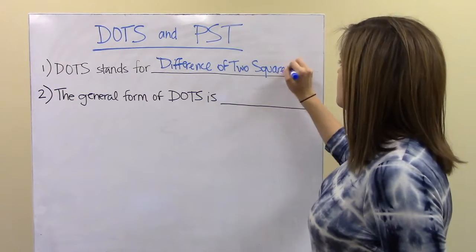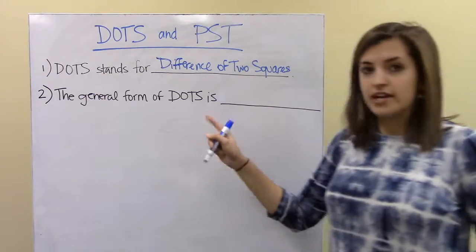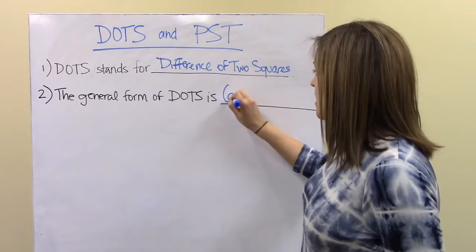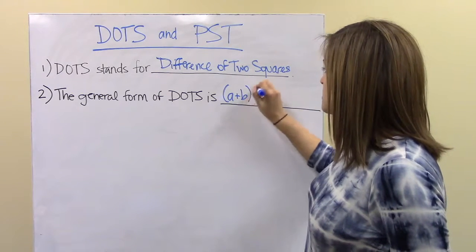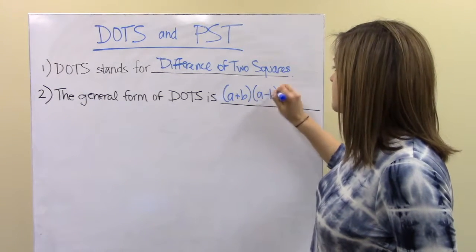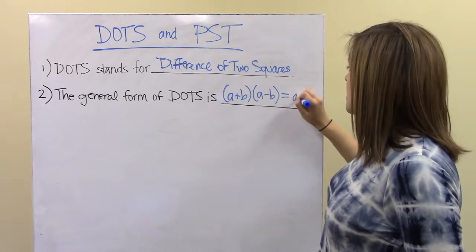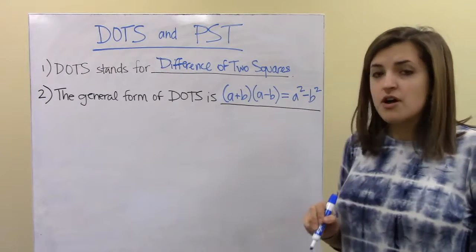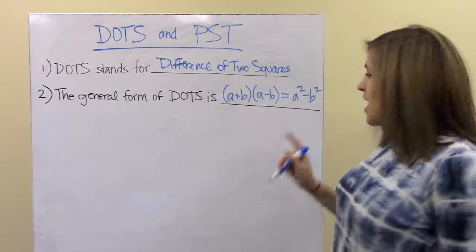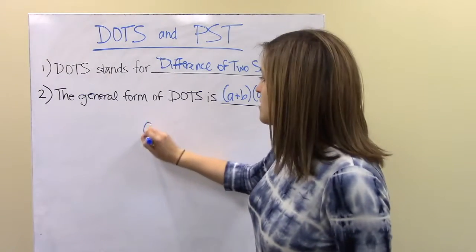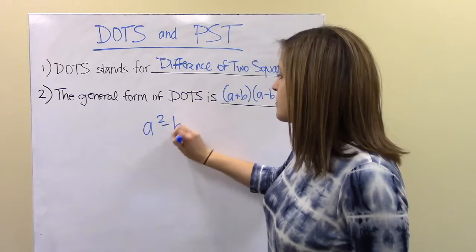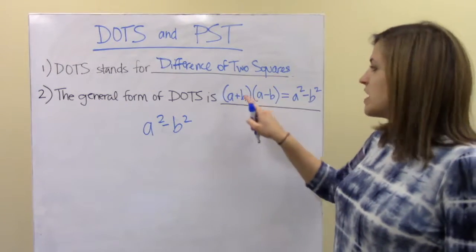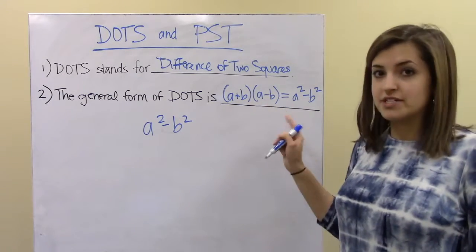The general form of DOTS is a plus b times a minus b equals a squared minus b squared. So we're going to learn today how, if you're given something in the form of a squared minus b squared, we can factor that into the form a plus b times a minus b.